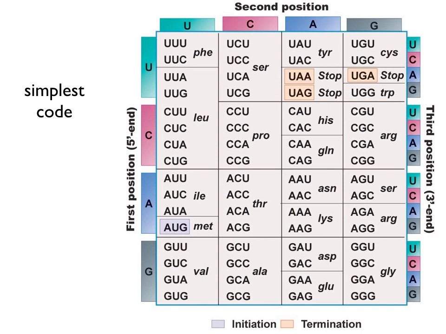So if there are 4 letters arranged in 3-letter words, these are all of the possibilities. You'll see that we start on the left side, work our way up to the top, and then the far right side. We start, on the left, in the 4 main rows, with the first letter of the codon. Is it a G, A, C, or U?